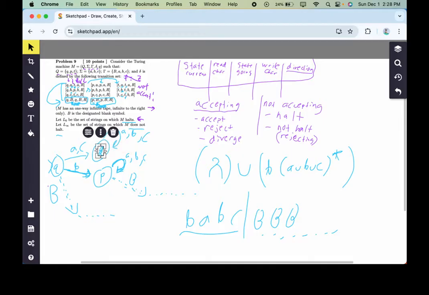I didn't want to have, let me just rewrite that. I did a script T, so it wouldn't look like a plus sign. So this is a regular expression.